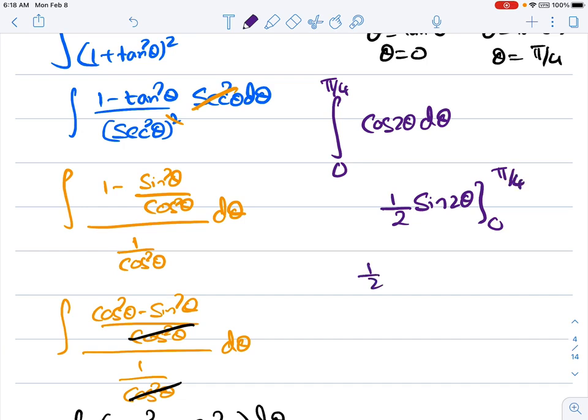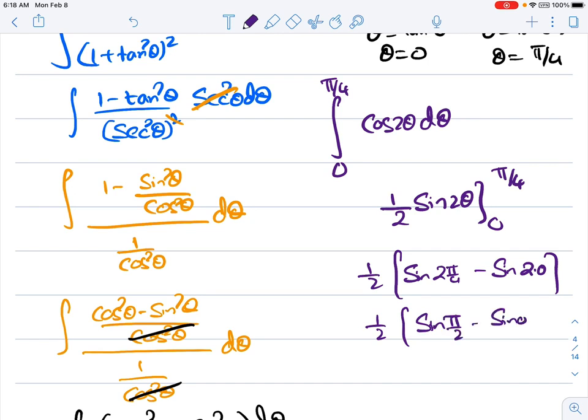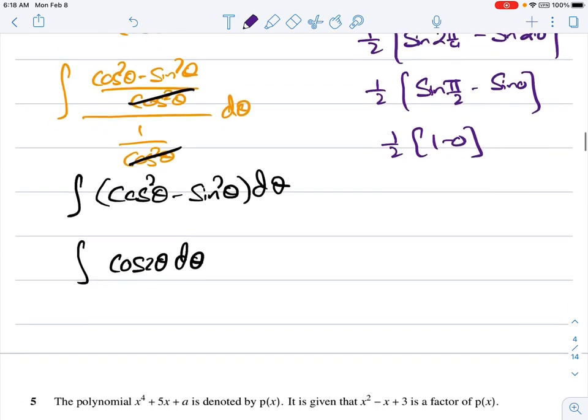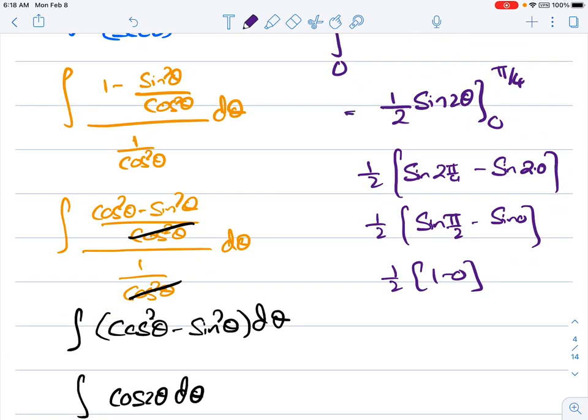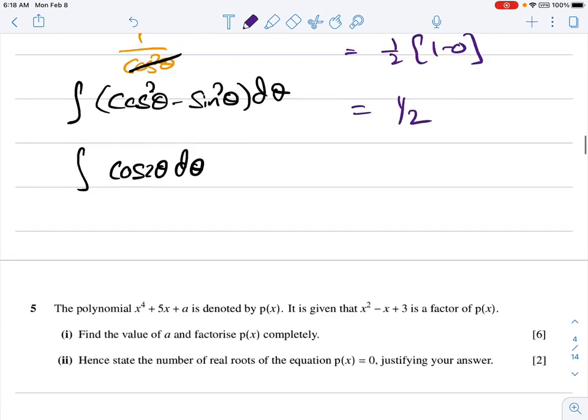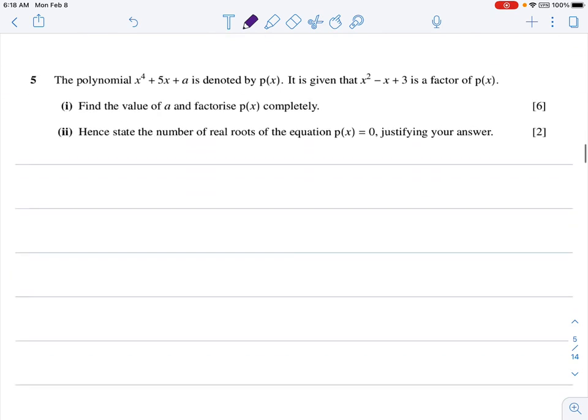So plug in: 1 upon 2 times sin of 2 times pi by 4, minus sin of 2 times 0. So 1 upon 2 sin pi by 2 minus sin 0. So 1 upon 2 times (1 minus 0). So the answer is going to be 1 upon 2. That's question number 4.